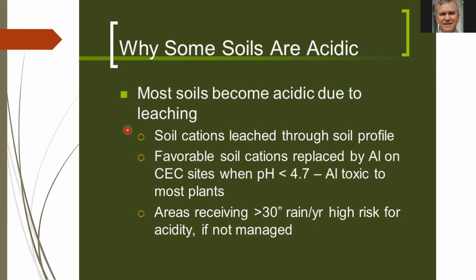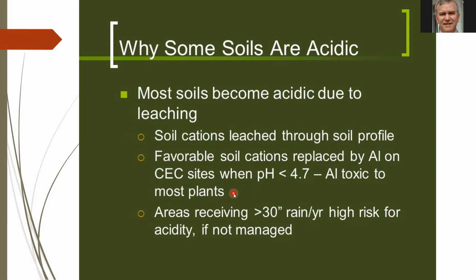When soils are leached, soil cations are leached through the soil profile. Favorable soil cations are replaced by aluminum on the cation exchange sites, CEC sites. When pHs are less than 4.7, aluminum is toxic to most plants.